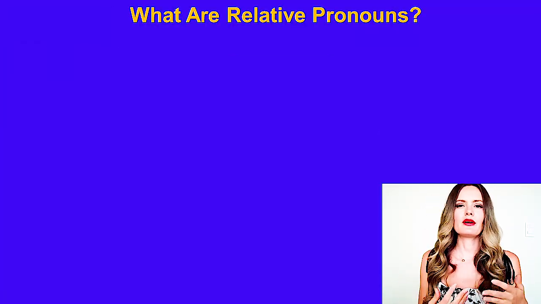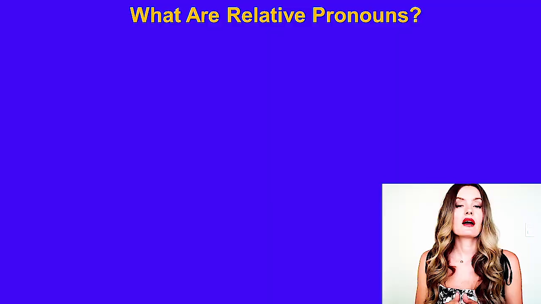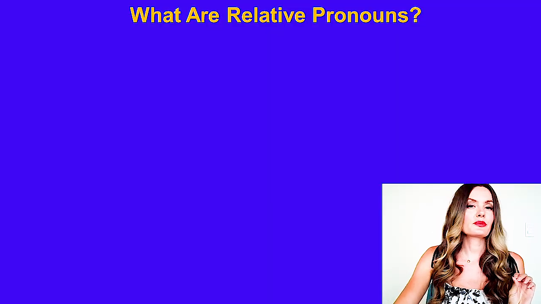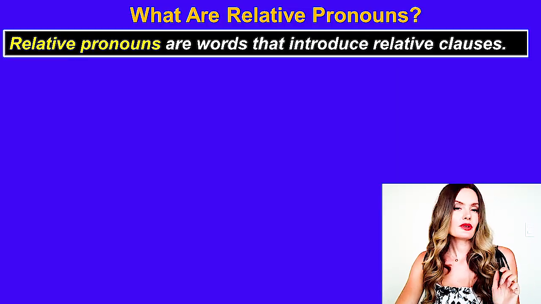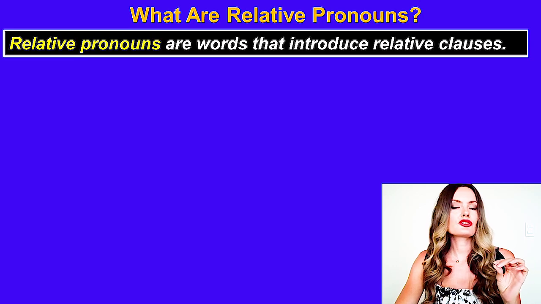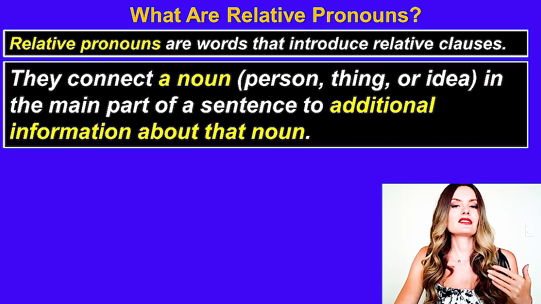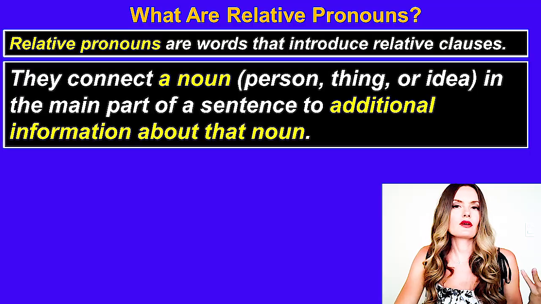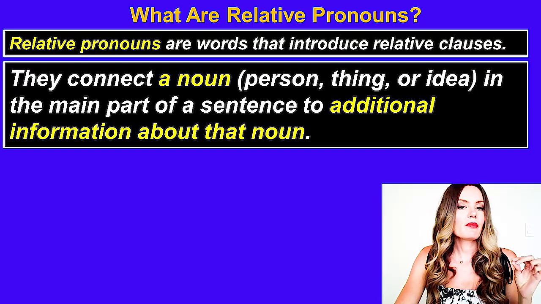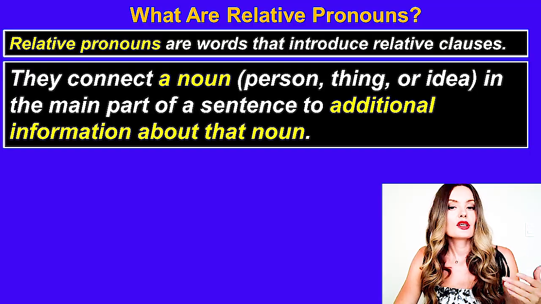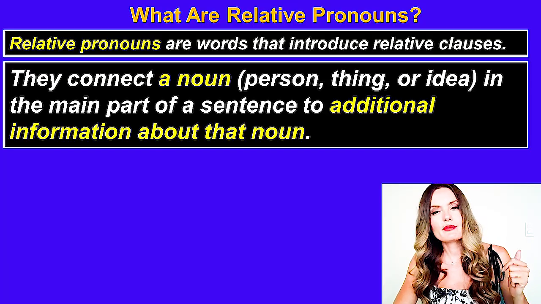Now let's learn about the relative pronouns. What are relative pronouns? Relative pronouns are words that introduce relative clauses. They connect a noun, a person, thing, or idea in the main part of a sentence to additional information about that noun.